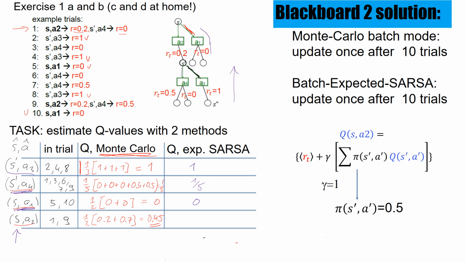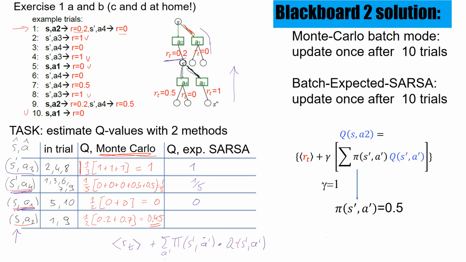So this should be the mean reward I get immediately. And then it's the sum over all the possible actions I can take in state S prime: A prime, P of A prime given S prime, times the Q values of S prime, A prime.